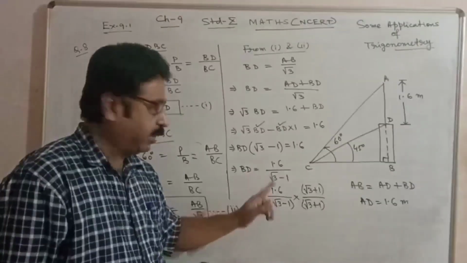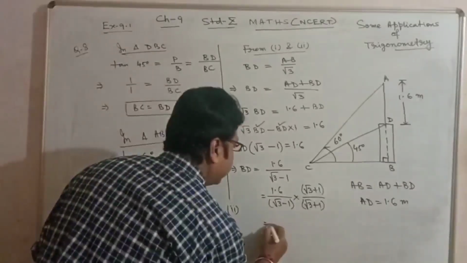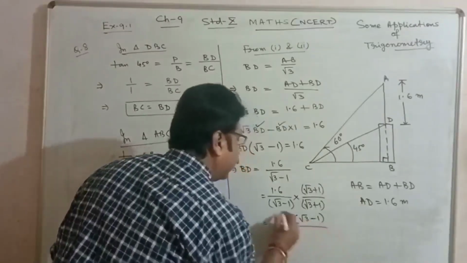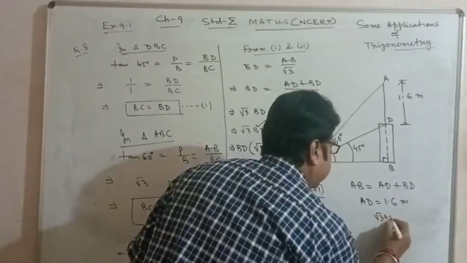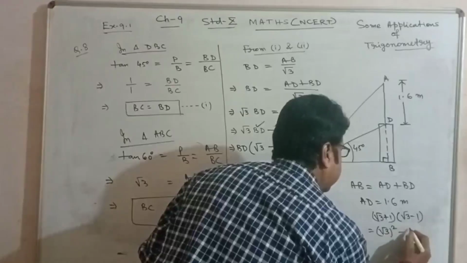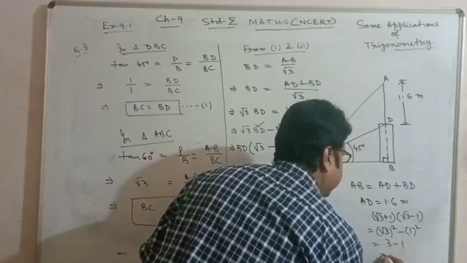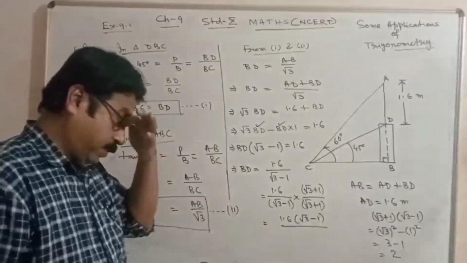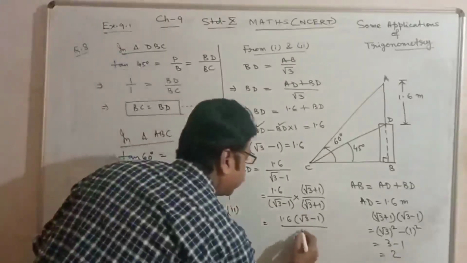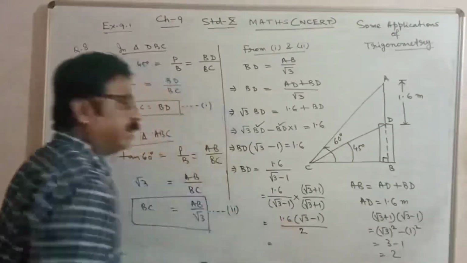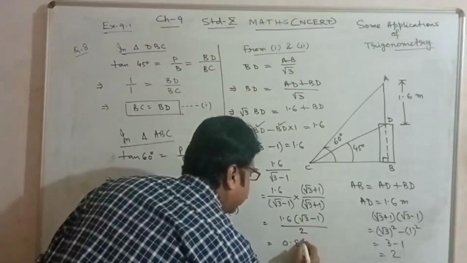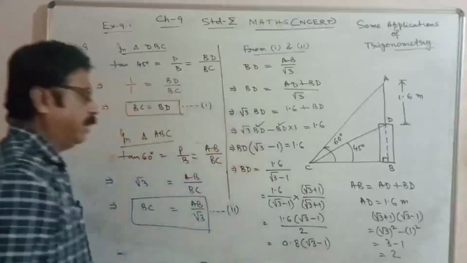A square means root 3 whole square, that will be 3. Root 3 plus 1 into root 3 minus 1 means root 3 square minus 1 square means 3 minus 1, that is 2. We can write here 2. 1.6 if you divide by 2, it will be 0.8.